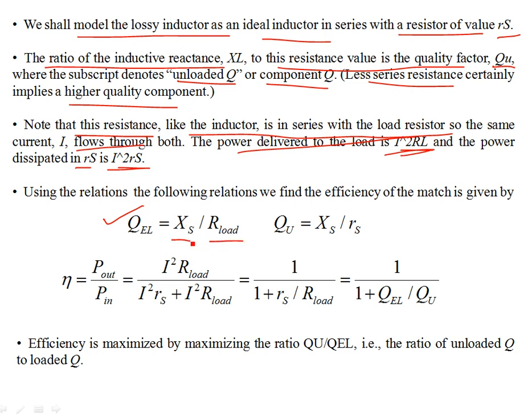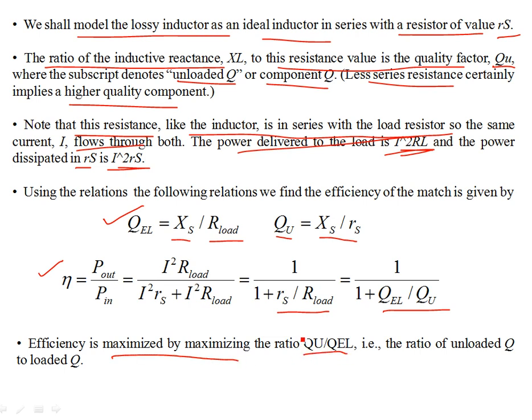XS is the reactance of the inductor at that particular frequency, omega L, and QU is the component quality factor associated with the inductor itself, so that is omega L over RS. RS is modeling the loss in the inductor. Efficiency is defined again as the output power over input power, and you can express this ratio in terms of the component quality factor and the electrical quality factor. So one way to maximize this efficiency is by maximizing the ratio QU by QL.